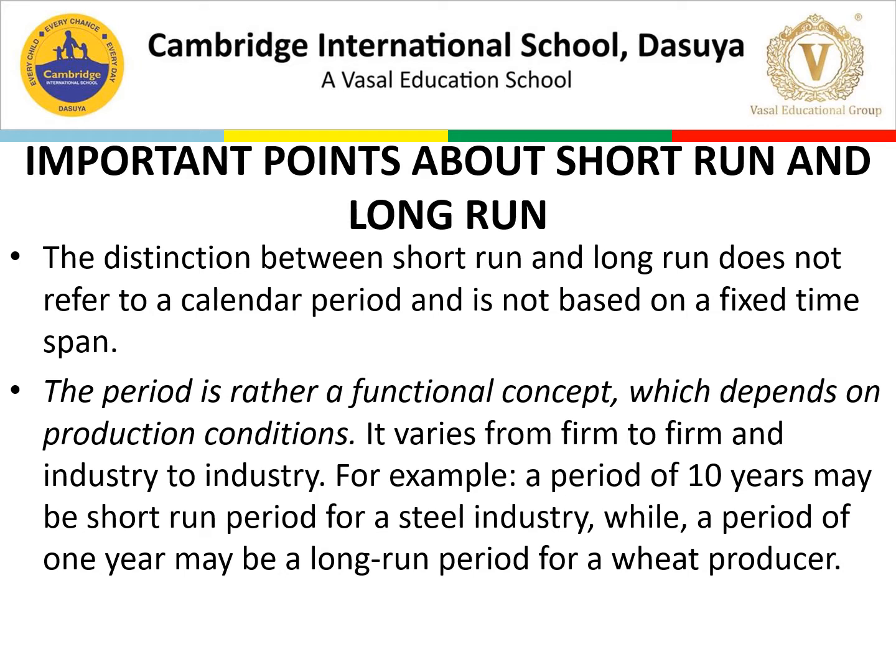It is not based on a fixed time span. This is the most important thing here. Now the second point is that the period is a functional concept which depends on production conditions. So there should be something that will be produced, and it may vary from firm to firm and industry to industry.